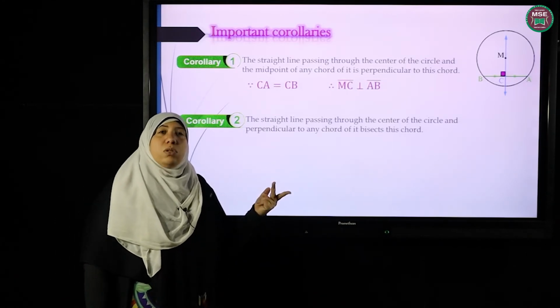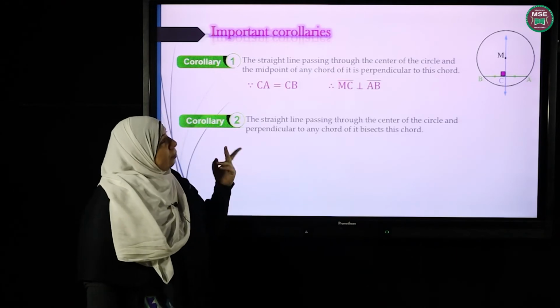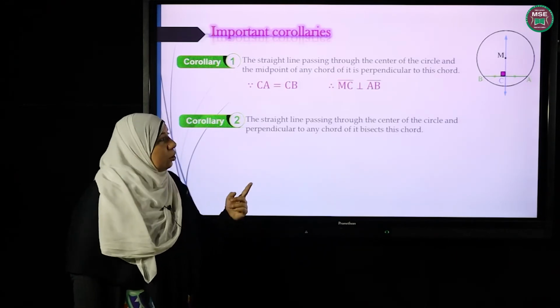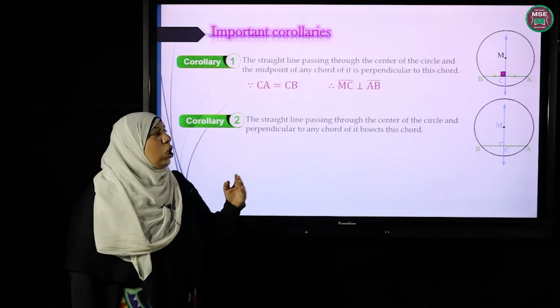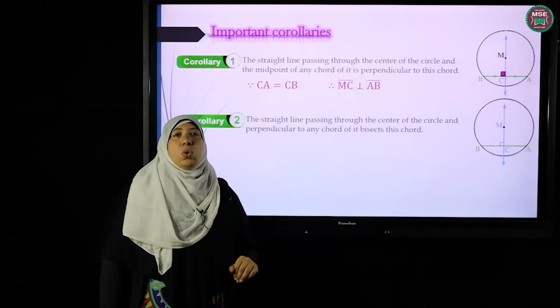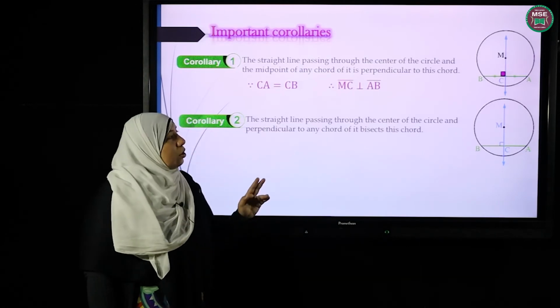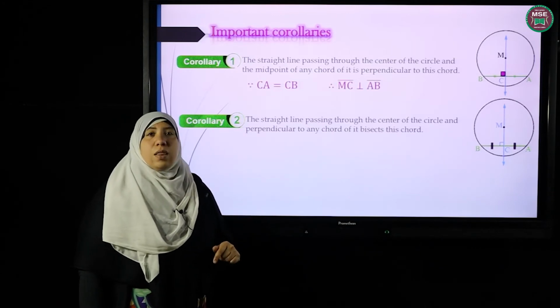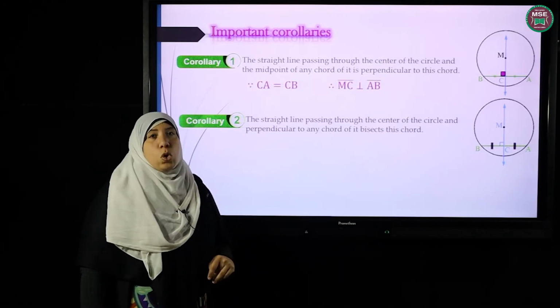It's the converse of corollary number 1, which is if I have a line from the center perpendicular to a certain chord, what does this line do? It divides, or bisects, the chord.